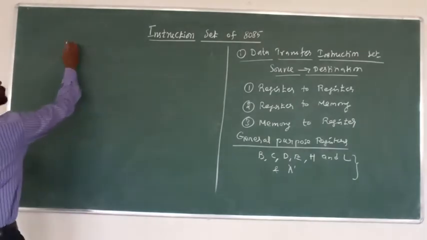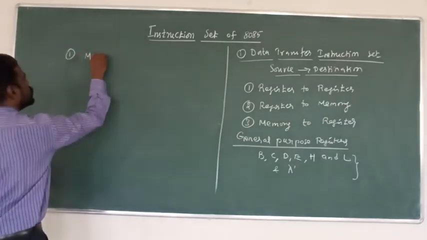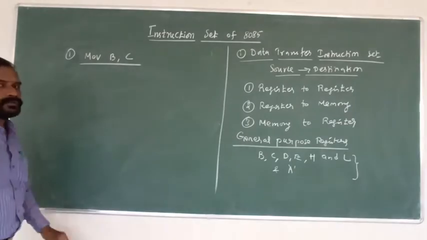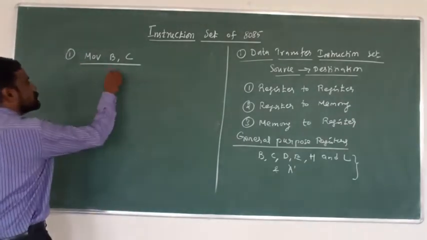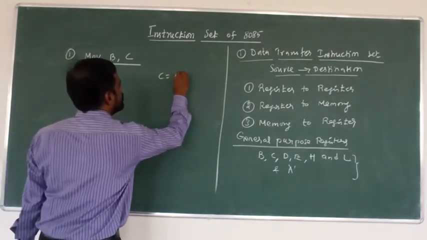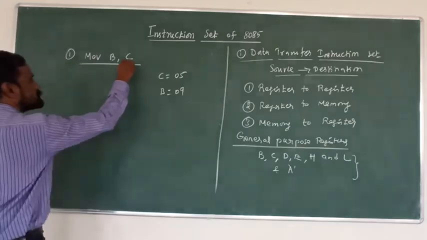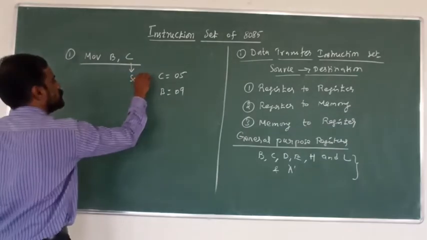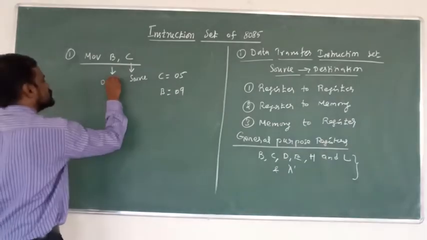Example 1, register to register: MOV B, C. C register has 05 and B register has 09. This is the source register and this is the destination register.